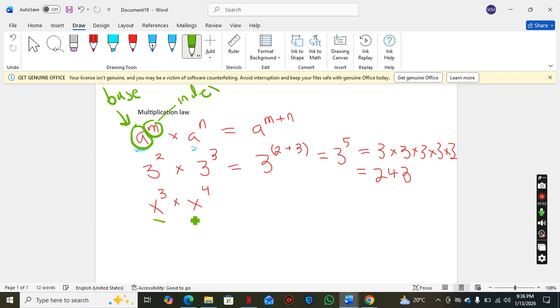You only apply this law if the bases are the same. So it's x to the power 3 plus 4, which gives us x to the power 7. That is the multiplication law.